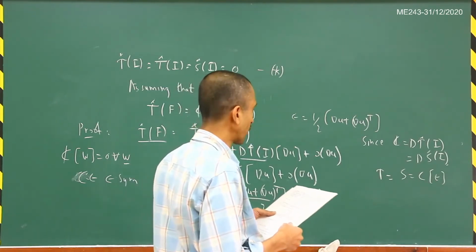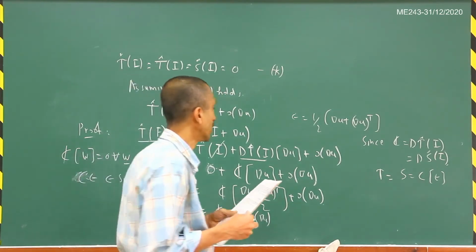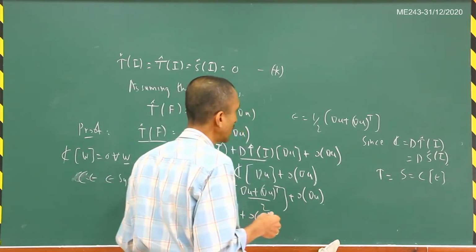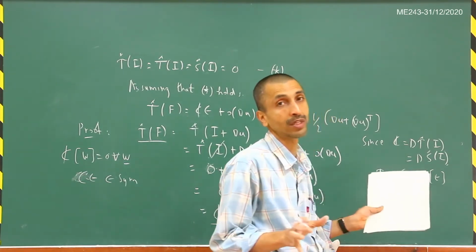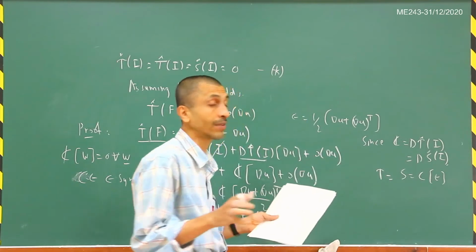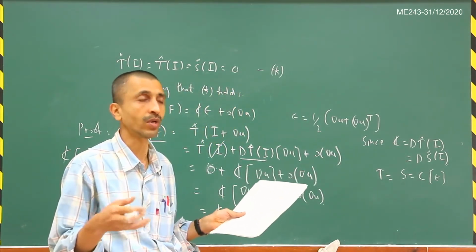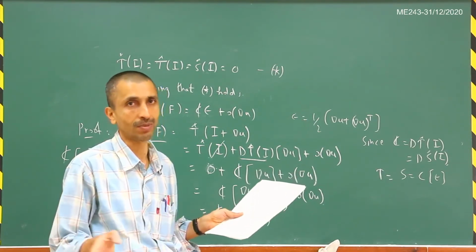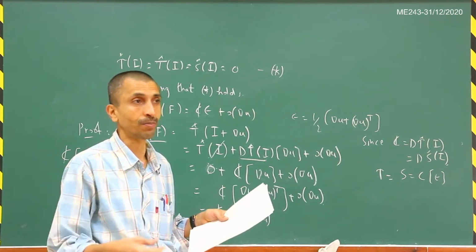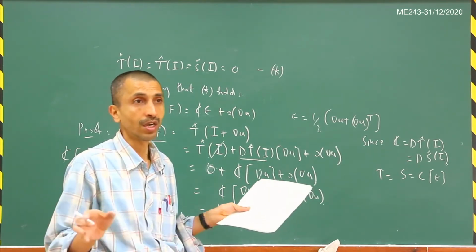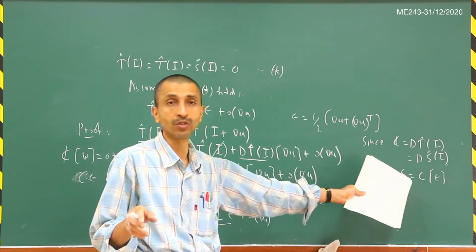So within the linear theory of elasticity, the first Piola-Kirchhoff stress, the second Piola-Kirchhoff stress and the Cauchy stress are all the same. That is why books on linear elasticity such as Timoshenko and Goodier don't talk of multiple stress values. Like we do in the nonlinear case, we have a Cauchy stress, a first Piola-Kirchhoff stress, a second Piola-Kirchhoff stress. They will just talk of the stress tensor, because all of them will give you c epsilon here.